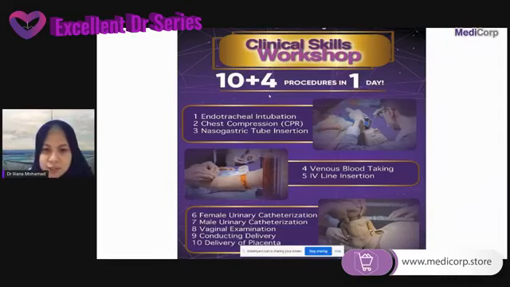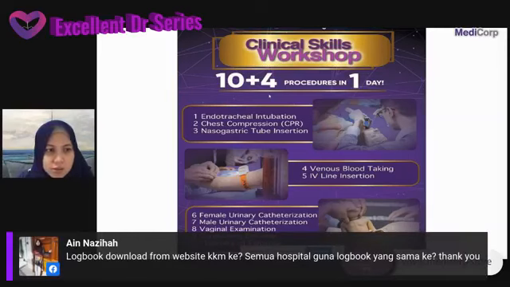Okay, so there's a few questions. Nazihah tanya, logbook download daripada website KKM ke? Adakah semua hospital guna logbook yang sama? Yes, semua hospital pakai logbook yang sama. Cuma ada sesetengah hospital dia akan bagi printed version to you. Some hospitals will ask you to download and print by yourself.